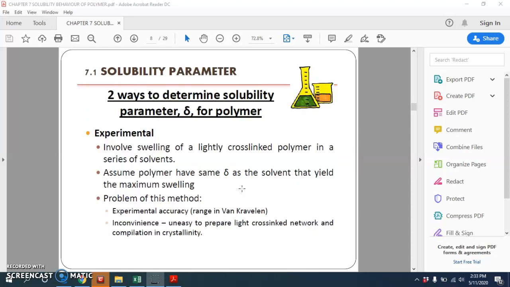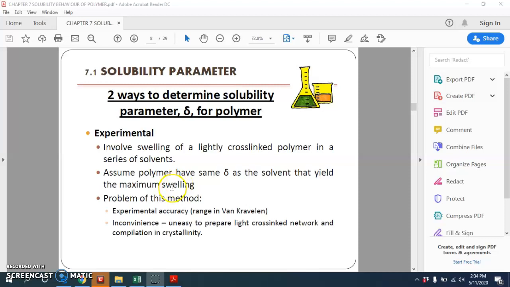Okay, there are two ways to determine the solubility parameter, delta, for polymers. The first involves the swelling of a lightly cross-linked polymer in a series of solvents. Assume the polymer has the same solubility parameter as the solvent that yields maximum swelling.